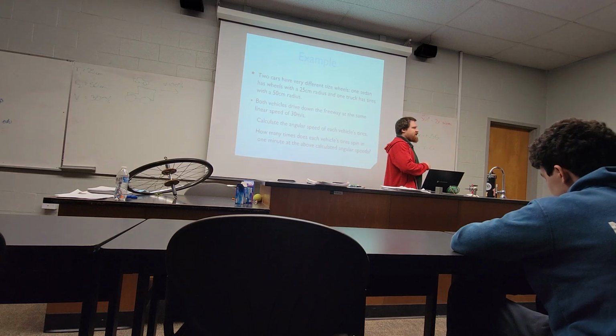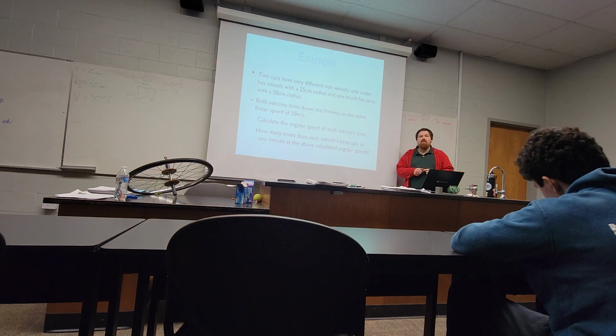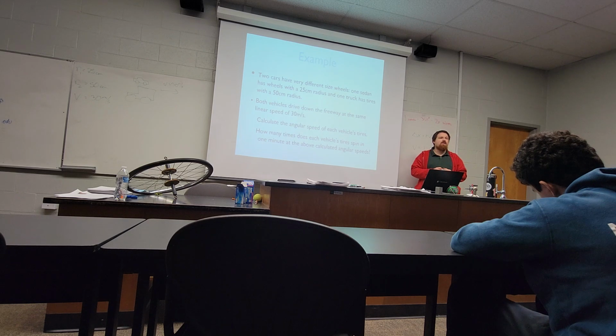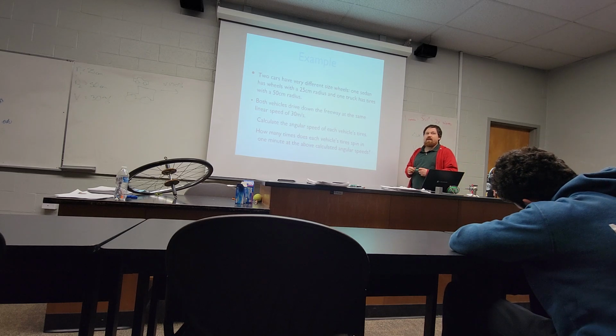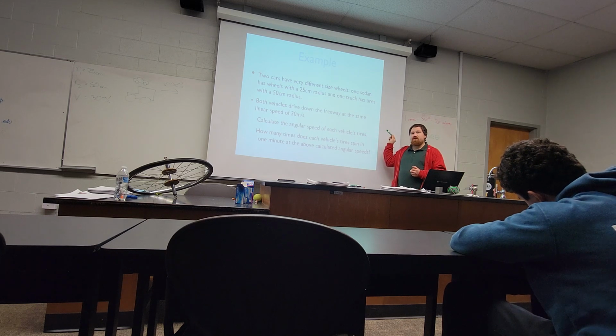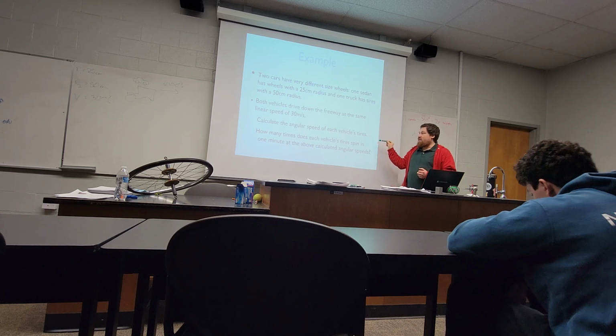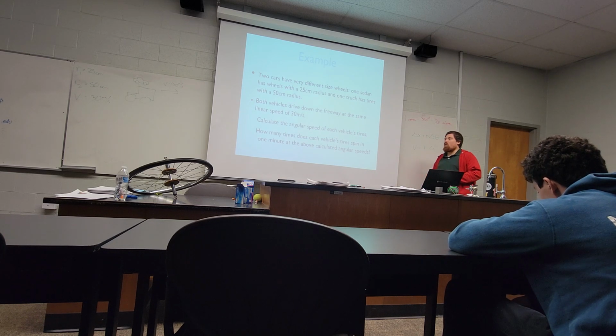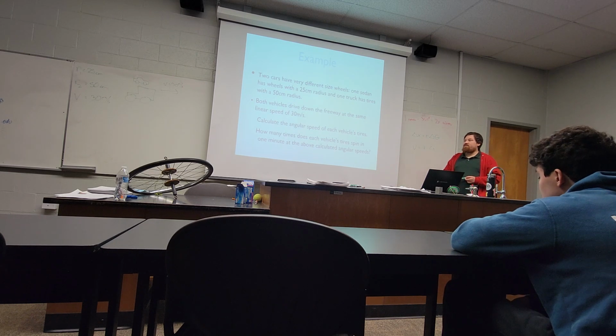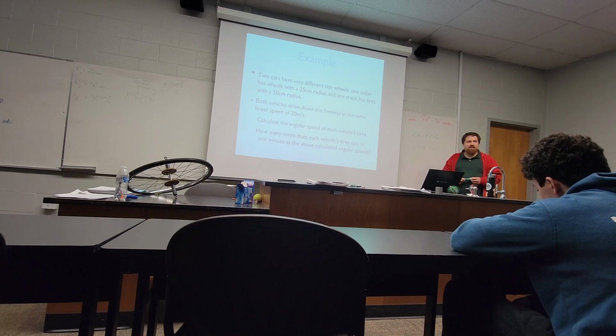But they have very different sized wheels. And so their wheels might not necessarily be spinning at the same rate, even though the vehicles' bodies are moving forwards at the same rate. So what I would like you to calculate is first the angular speed of each vehicle's tires, and then how many times each wheel's tires spin in 1 minute at the above calculated angular speeds.